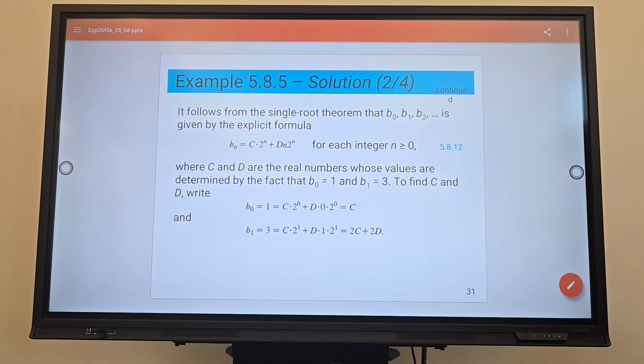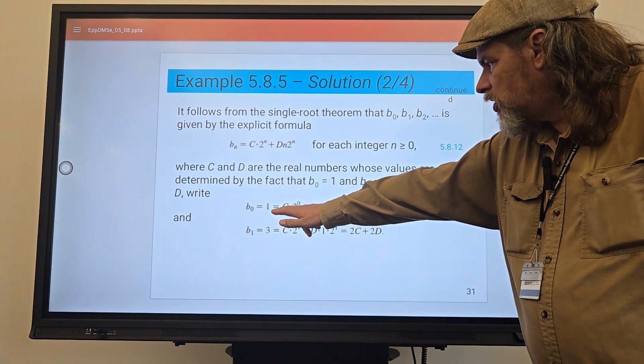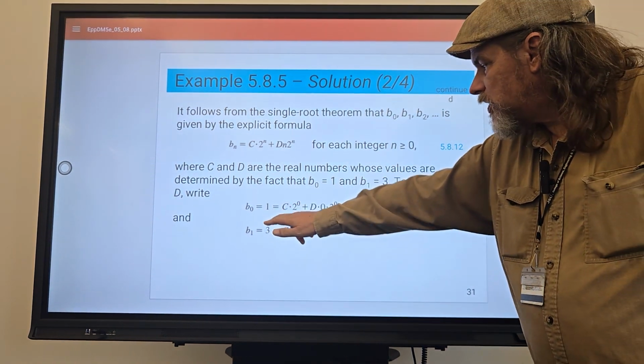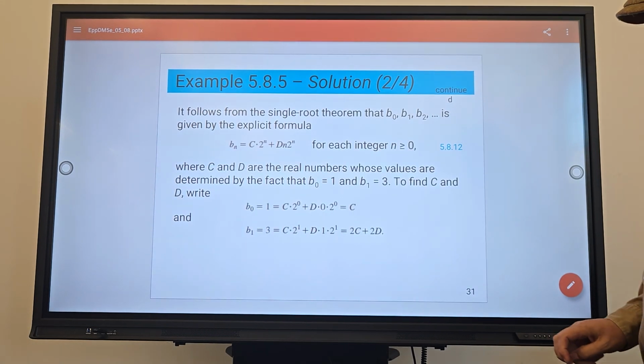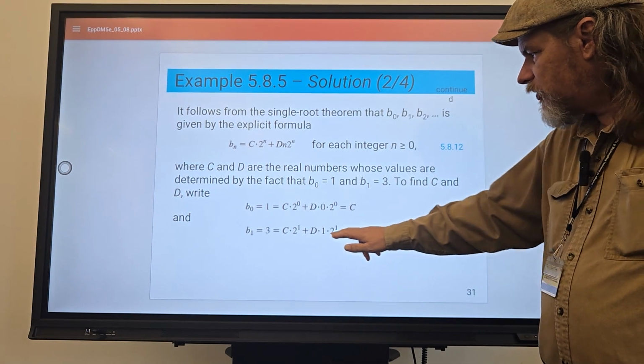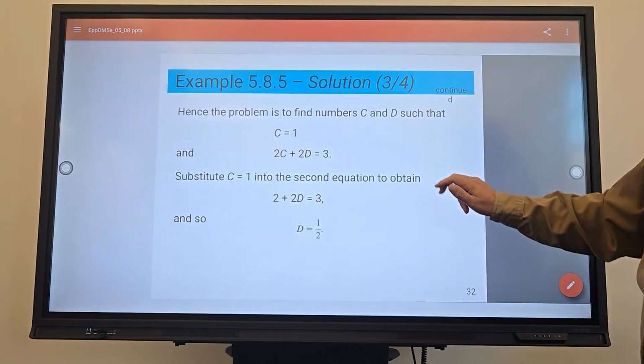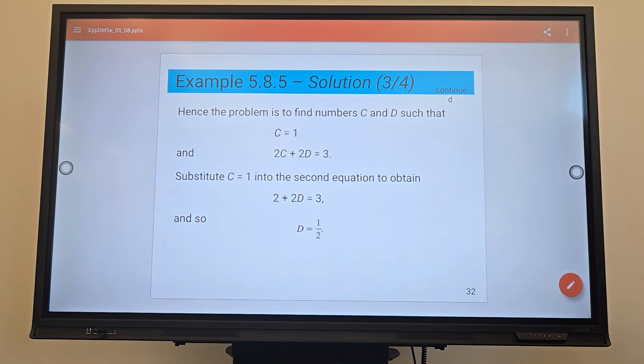To find C and D, you do some substitution and simplification, and you get C equals 1 and 2C plus 2D equals 3. And then you use that system of equations to find that C is equal to 1 and D equals 1/2.